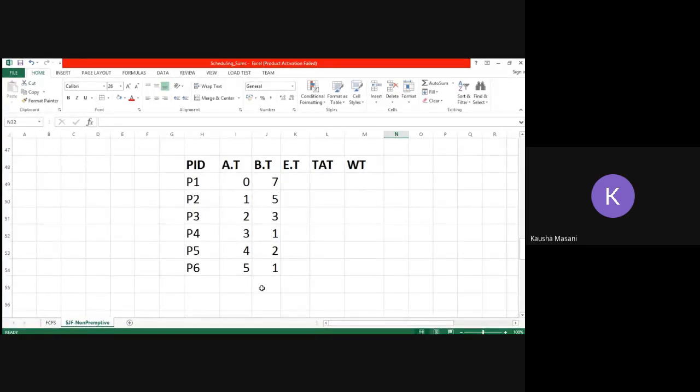You will know which value to focus on while preparing your Gantt chart, because preparing the Gantt chart is important. If you prepare your Gantt chart correctly, then 90% of your work is done.